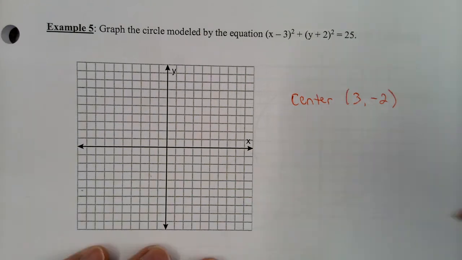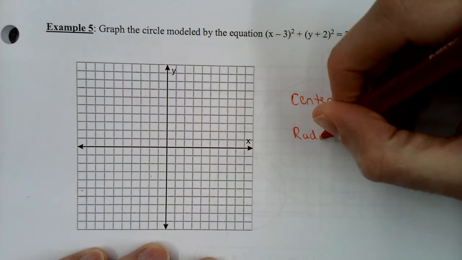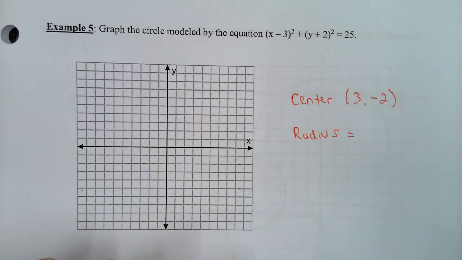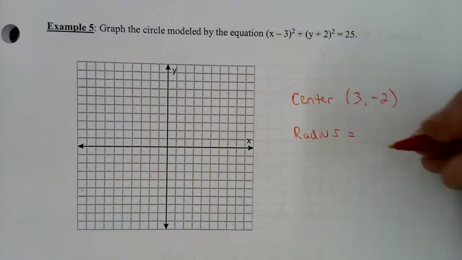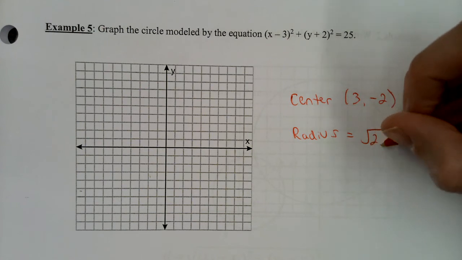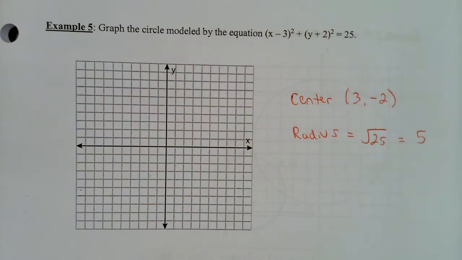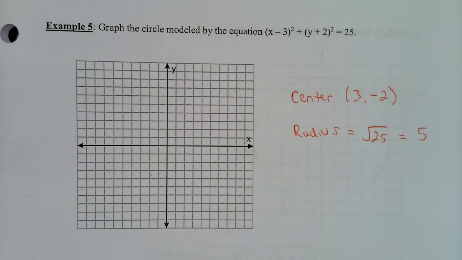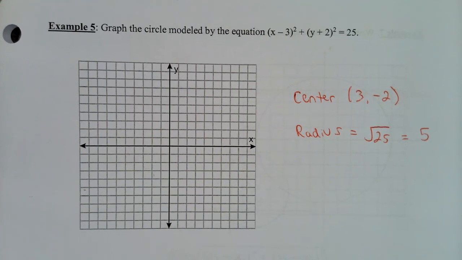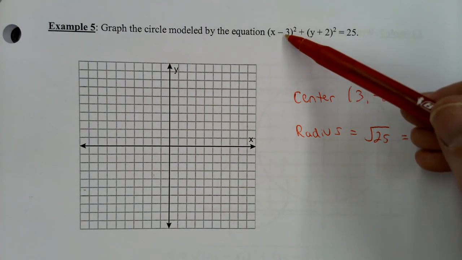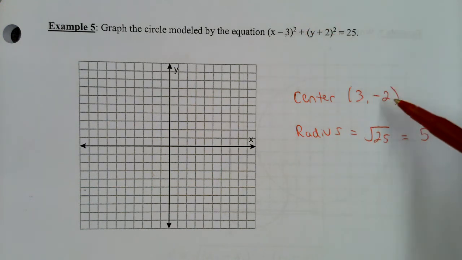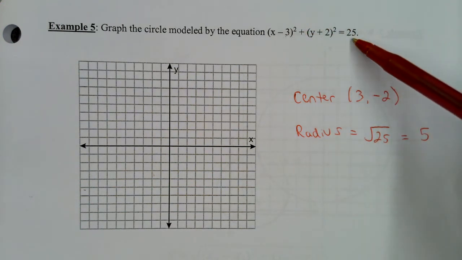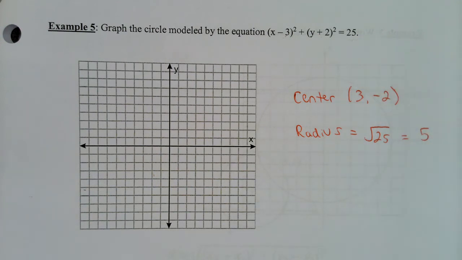And the radius equals not 25, it equals the square root of 25, which equals 5. So the center is 3, negative 2, and the radius is the square root of 25, which equals 5.